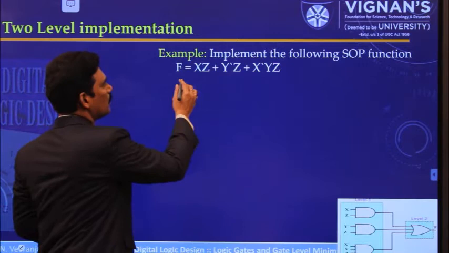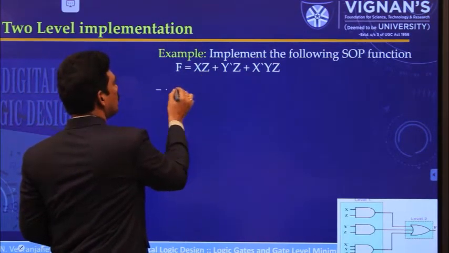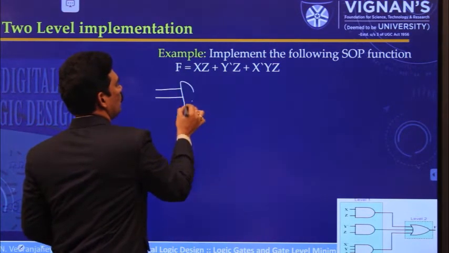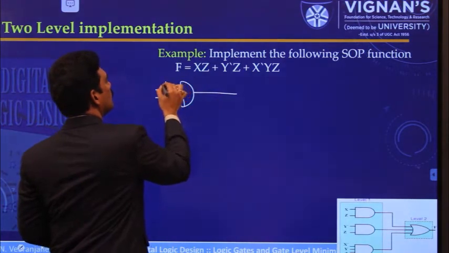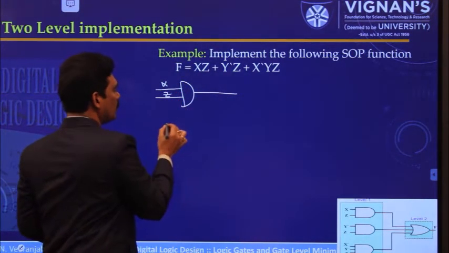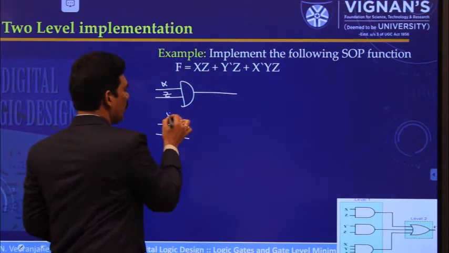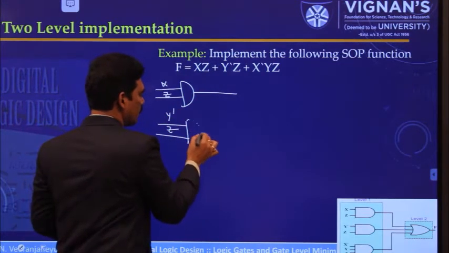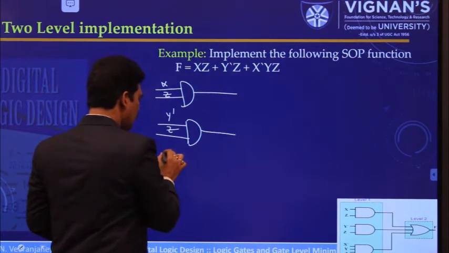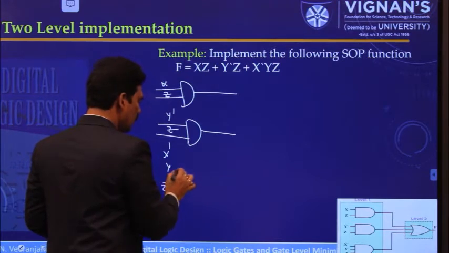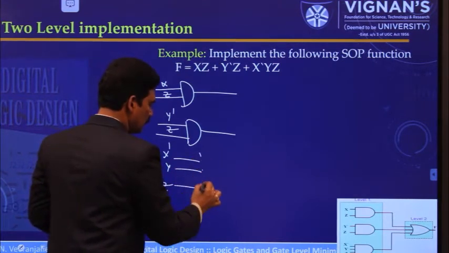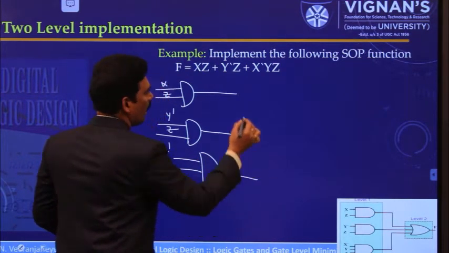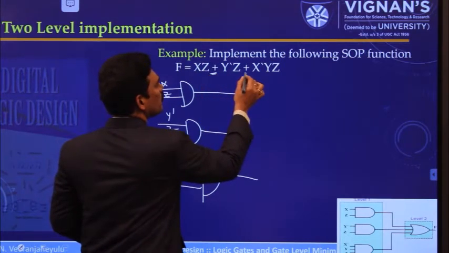This f is equal to xz, so we need one AND gate here. And this is y bar z, another AND gate, and x bar yz, 3 inputs for this, another AND gate. And this is the plus symbol, so we need one OR gate.